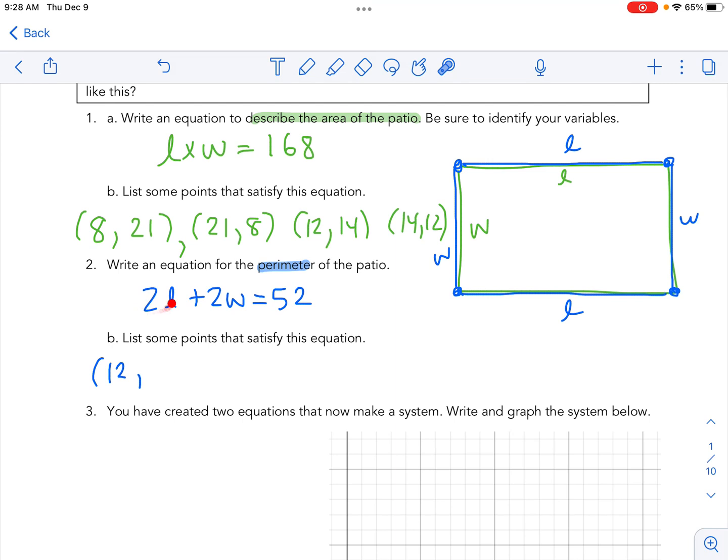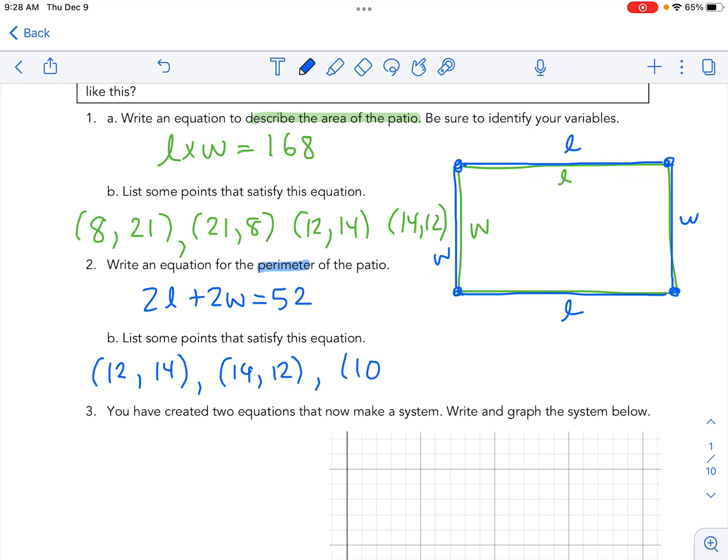What if the length was 12? So 2 times 12 is 24. Take that away from 52. That's 28. So 12, 14, and 14, 12, right? Because we can flip-flop the L and the W and get the same 52. And ironically, I didn't even realize it, but check that out. Those numbers work in both.